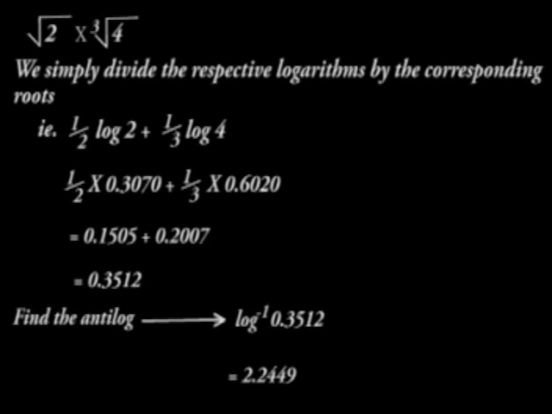Let's take an example. Without using a calculator, find the following. In our solution, we first find the log of the numerator and then add them together. We then find those of the denominator function.